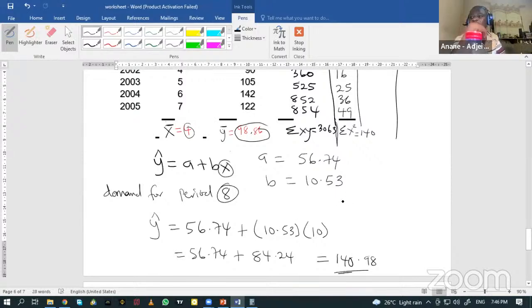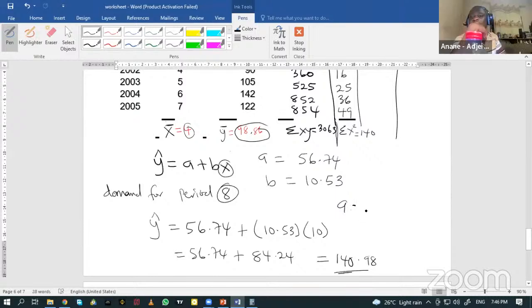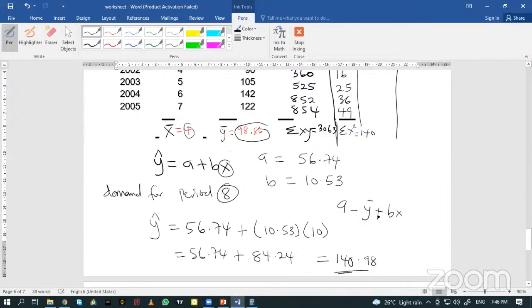The formula is Y bar minus BX, and I did it plus. No, you didn't do it plus, but you took the value for the mean of X instead of X. You know, the value for X is different from the value for the mean of X.